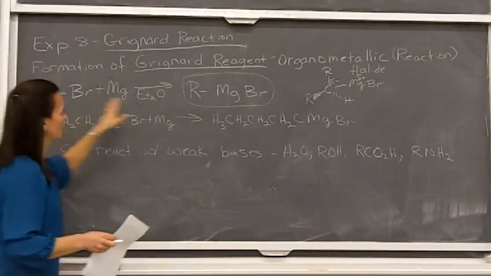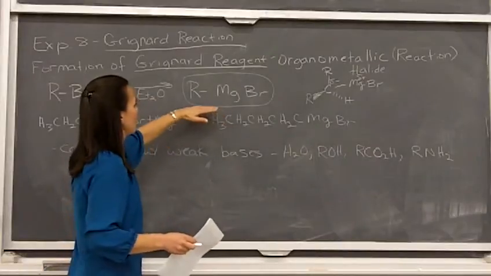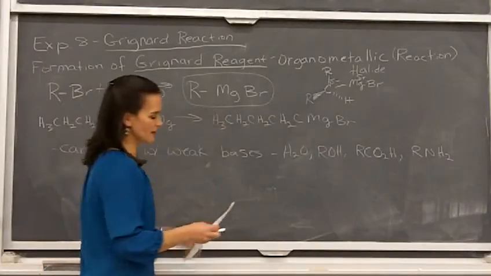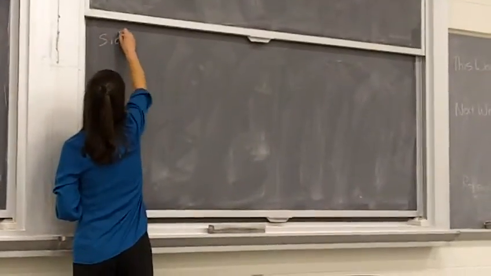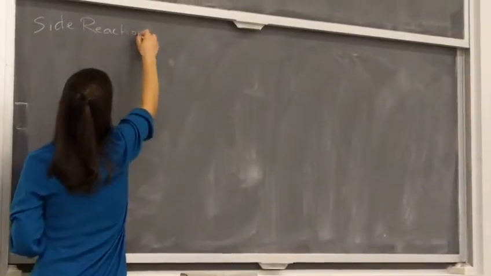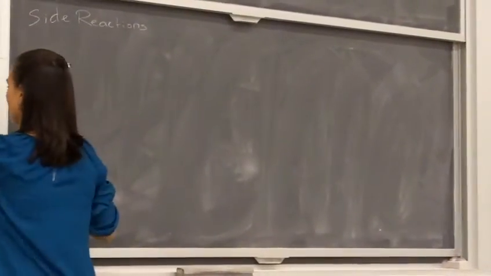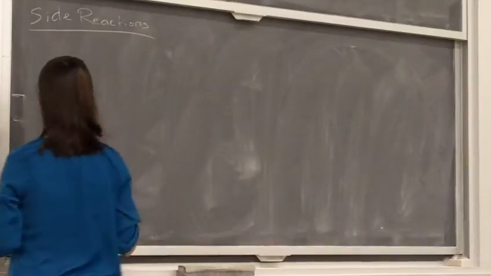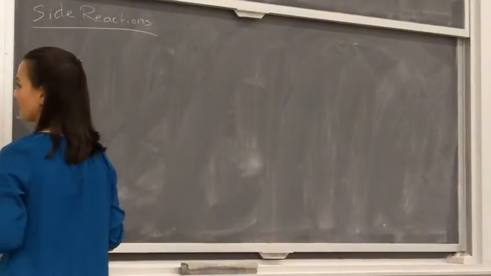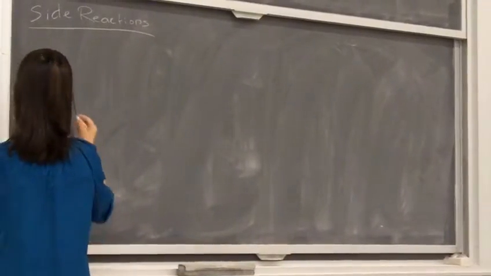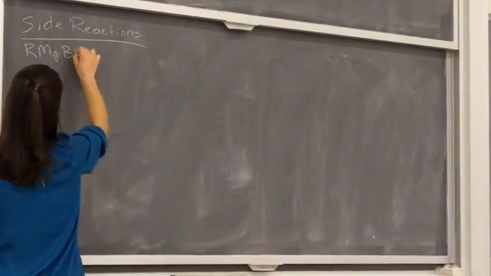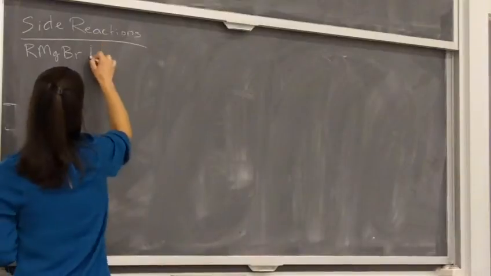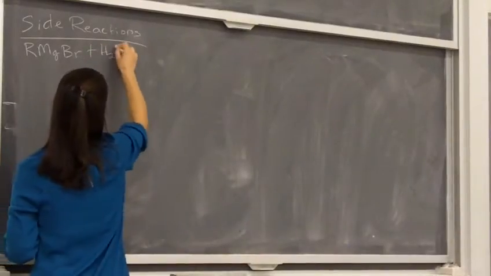Now, once we form this Grignard reagent, it's a very reactive species, so we have to be careful of potential side reactions that can occur. We talked about a little bit of that here when we were talking about our bases. So one of the things it can do is it can react with water, which we don't really want to have happen, so we're going to try and exclude water from our system.